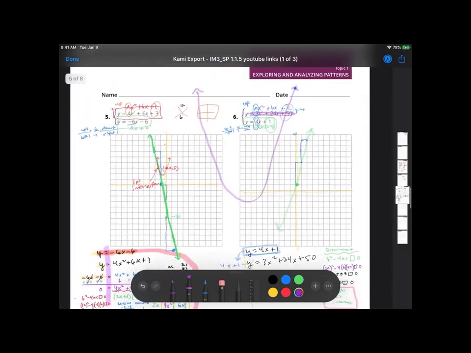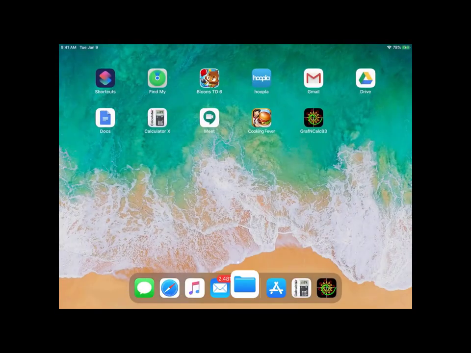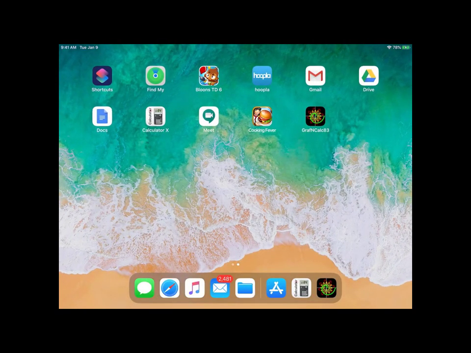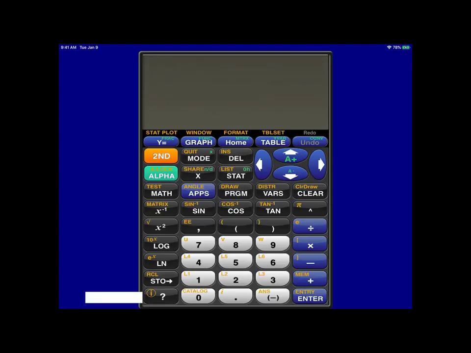So let's prove that and use our graphing calculator. Let me show you the graphing calculator I'm using. I'm using the one here on the right called Graph, G-R-A-F, in Calc 83. I just checked today, it is free. It looks like a regular graphing calculator.